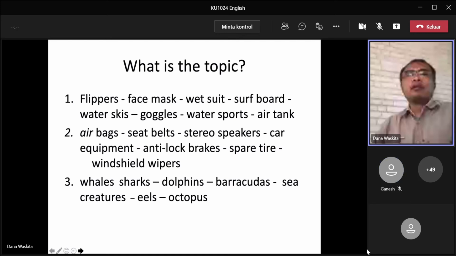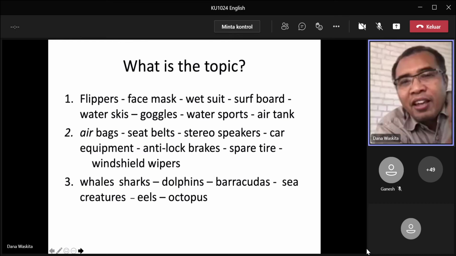Airbag, seat belt, stereo speakers, anti-lock brakes, spare tire, windshield wipers, for example, because all of them are parts of the car equipment. And then number three, what do you think of this? Sea creatures.